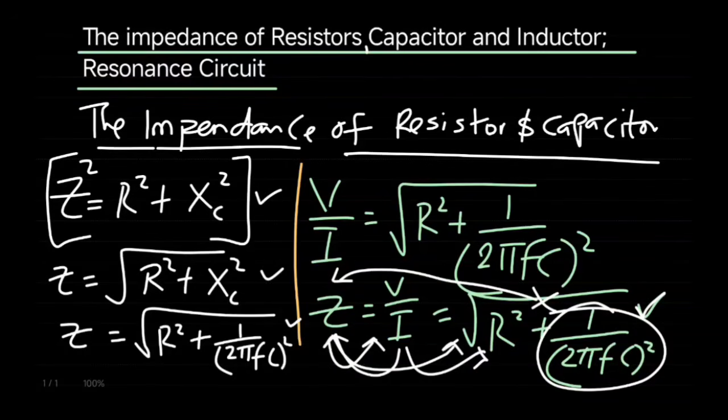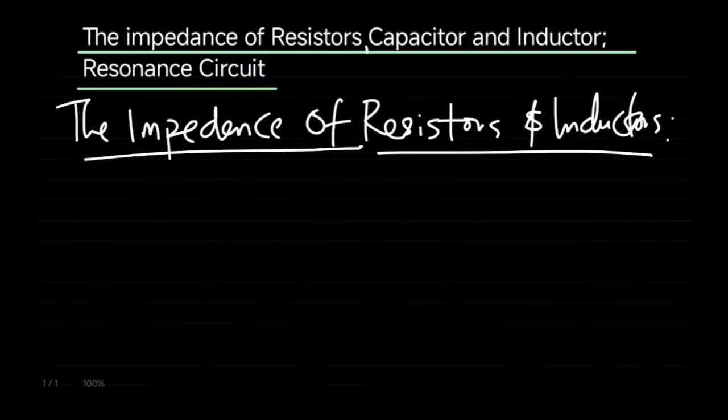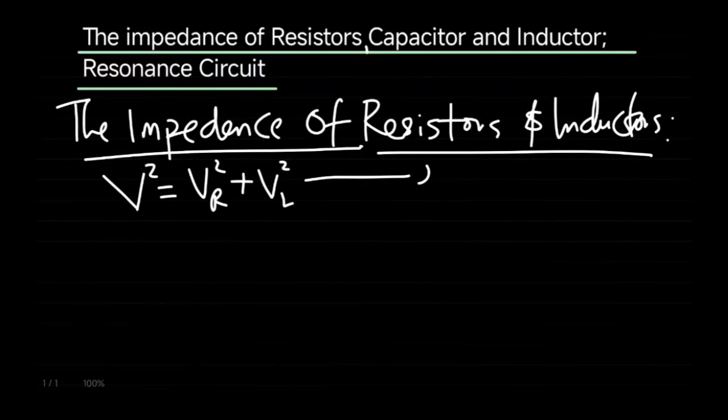Now we'll be looking at the impedance of resistor and inductor in series. The total potential difference of resistor and inductor is given by V square is equal to VR square plus VL square. You observe that it's looking like the equation we did in our first derivation.